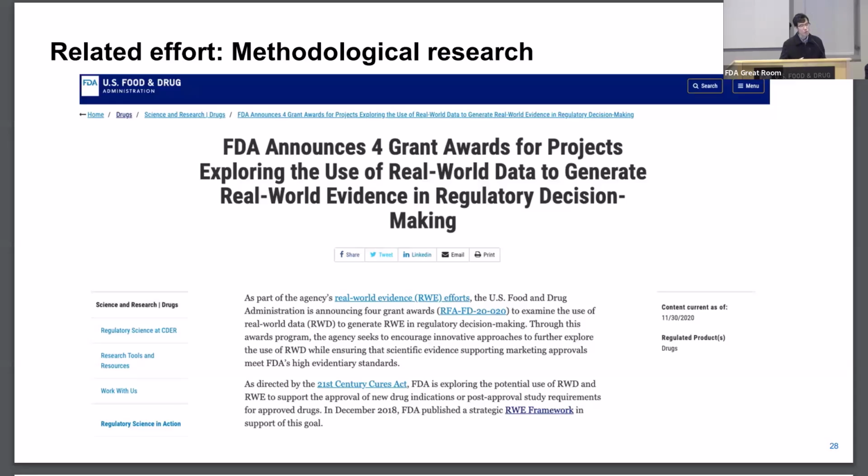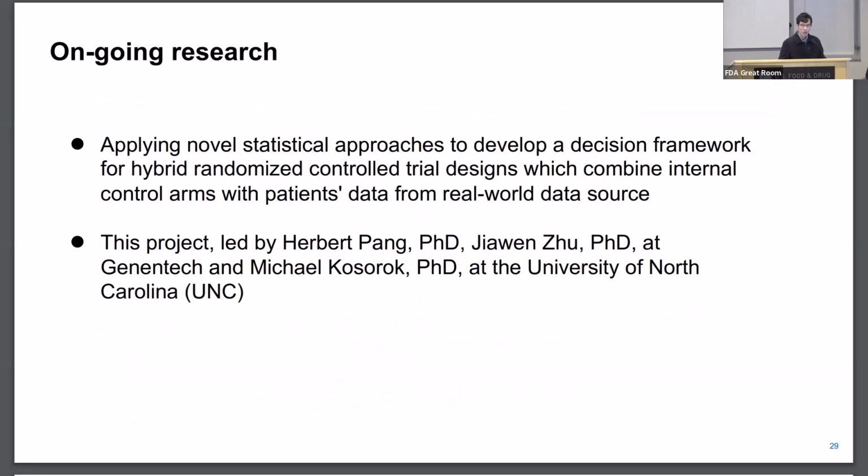If you're interested in learning more and you're a member of the ASA BioOp section, there's a session this Friday that would have some speakers who have been awarded these grants. This is ongoing research, entitled Applying Novel Statistical Approaches to Develop Decision Framework for Hybrid Randomized Clinical Trial Design, combining internal controls with patients from real-world data sources. This is in collaboration with University of North Carolina.